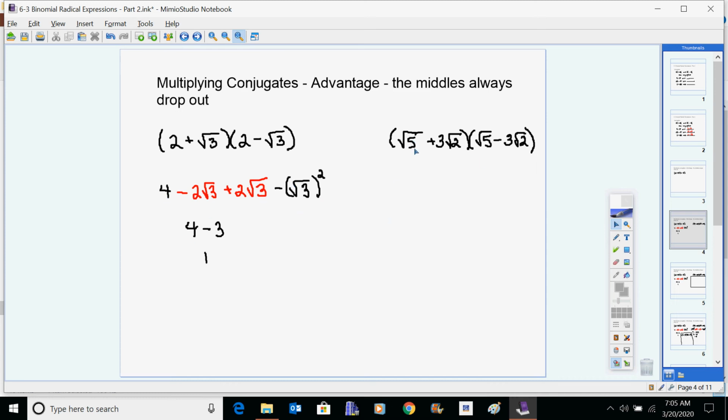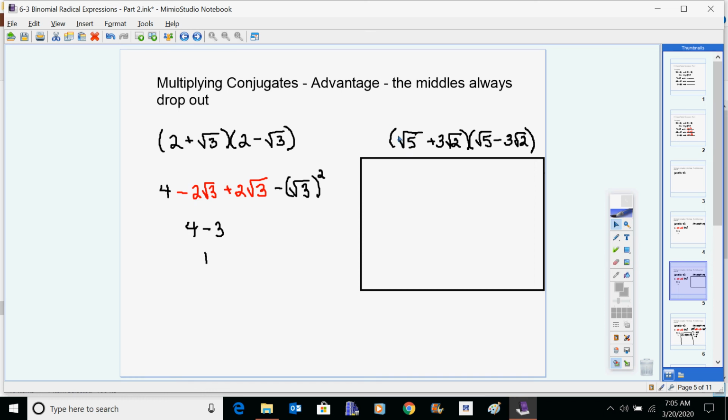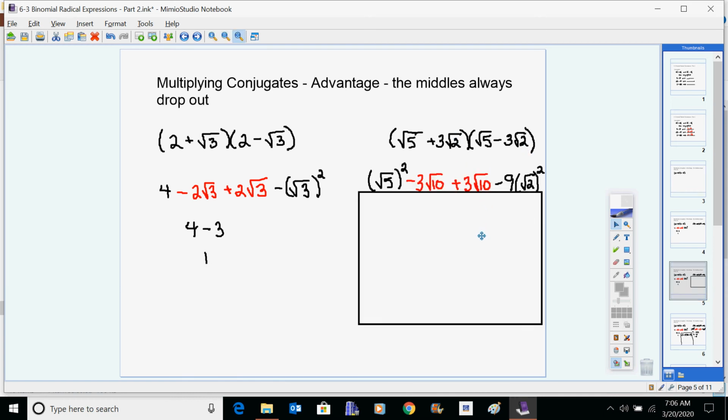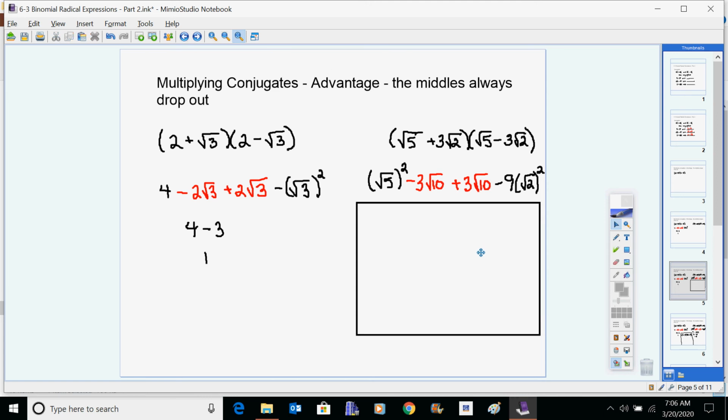So here, our shortcut would be to already begin to recognize that it doesn't even really matter what these are, because the conjugates in the middle are going to drop out. So you're mostly concerned with the square root of 5 squared, and then what you get when you multiply 3 times the square root of 2 times 3 times the square root of 2. So here's our square root of 5 squared.